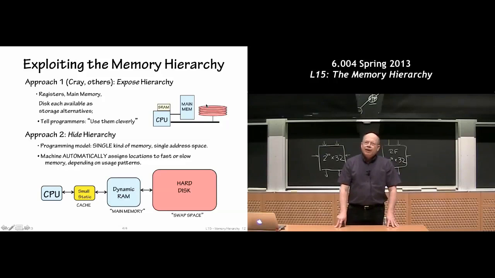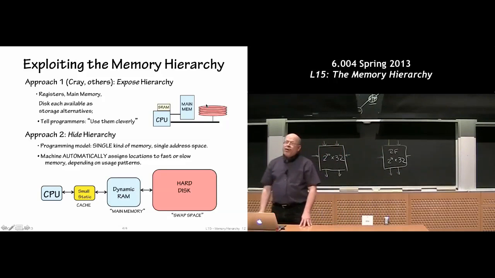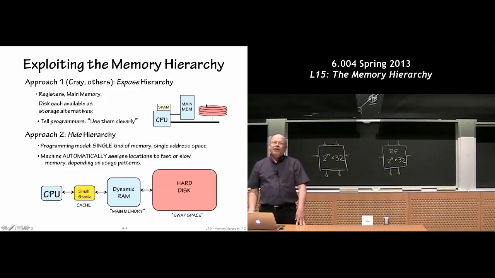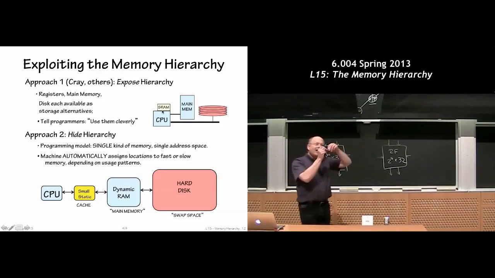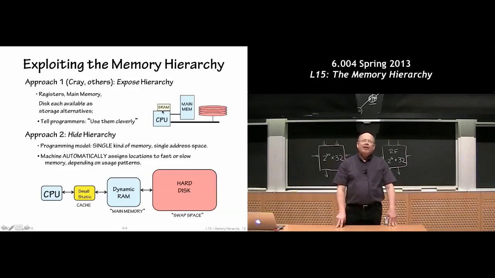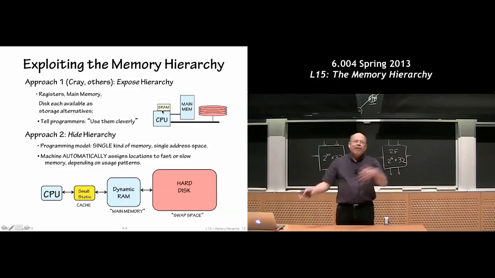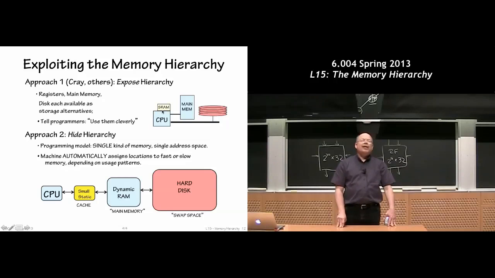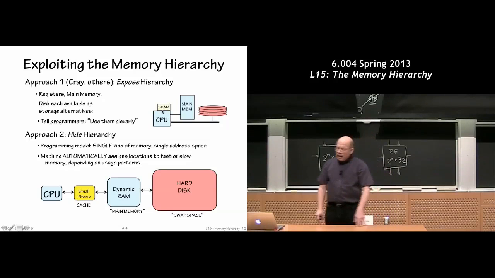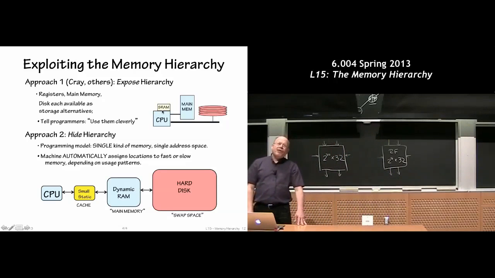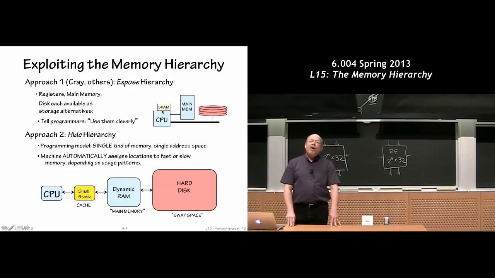And that was the approach advocated by Seymour Cray when he built his fancy vector machines, which for many decades were the fastest machines on Earth. He basically had these very fast pieces of memory that would hold the vectors, and it was up to the programmer to figure out how to load the vector registers and then how to use them. His famous speech about this was, look, you don't have a large fast memory, you have a small fast memory, and you can't fake what you haven't got.